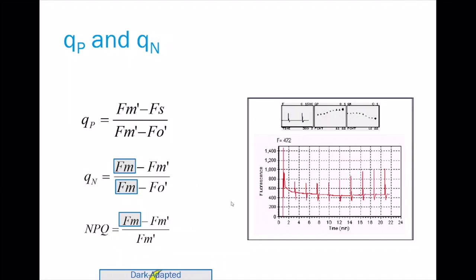There may be data in your data file that is calculated and is showing you QP, it's showing you QN. But if you have not actually properly measured these fluorescence parameters, then the data is not going to make any sense. So it's important to keep in mind what data is in your data file and whether it relates to the leaf that you're measuring.